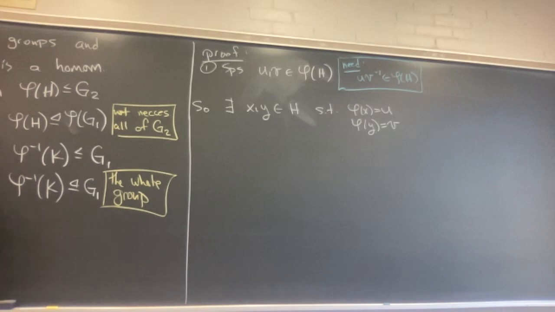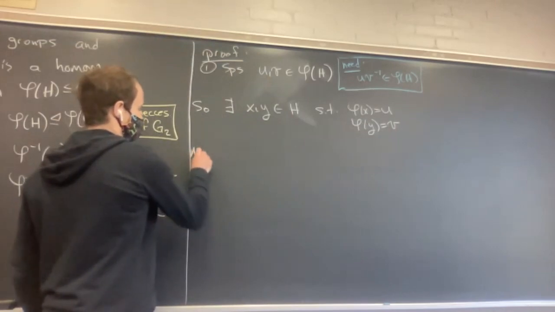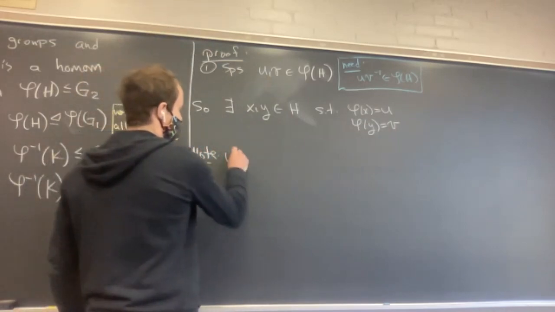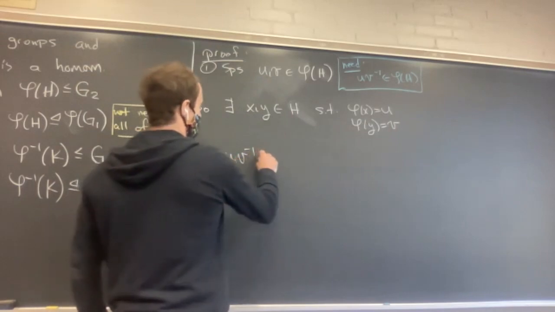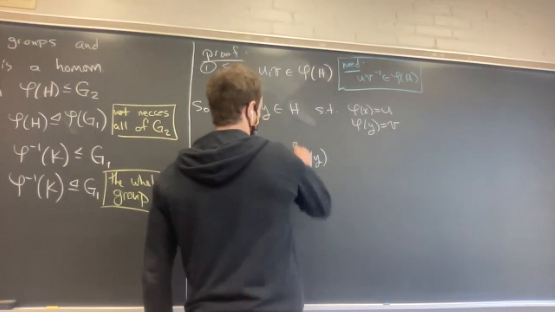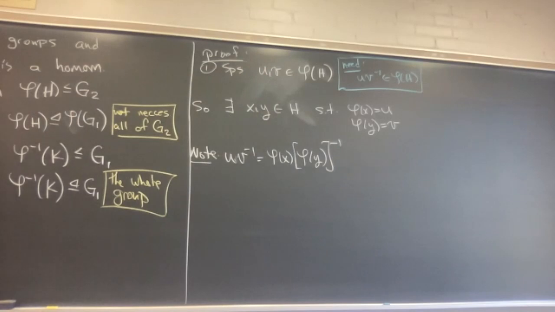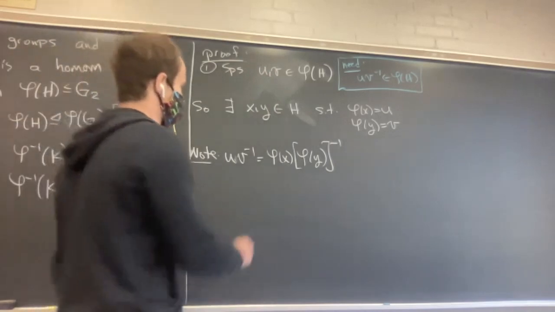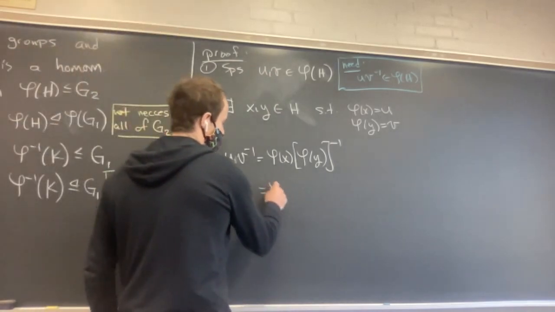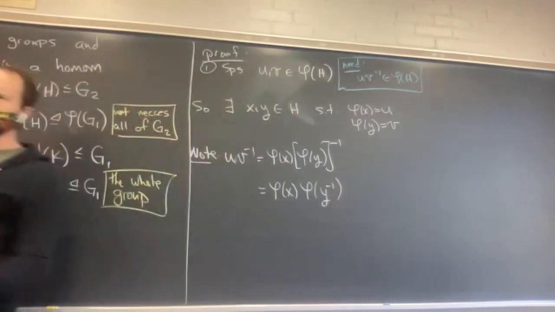Okay, sweet. Now we're essentially ready to make the calculation. So let's do it. Now we want to do U V inverse. Note that if we take U V inverse, that's going to be the same thing as phi of X, phi of Y inverse. I just renamed U and V using the fact that they are inside of phi of H. But now we can rewrite this as phi of X, phi of Y inverse.